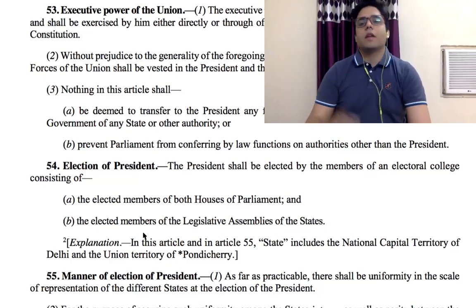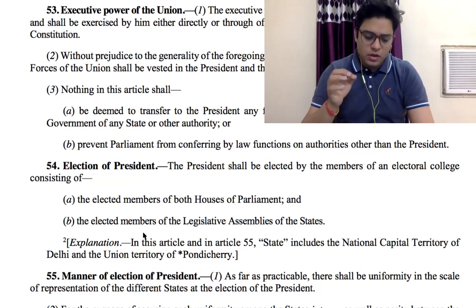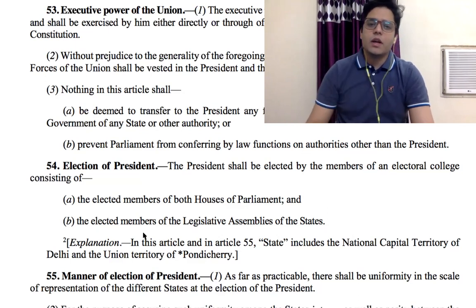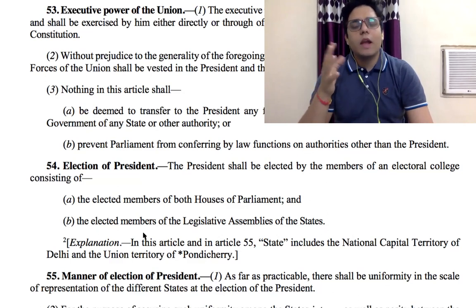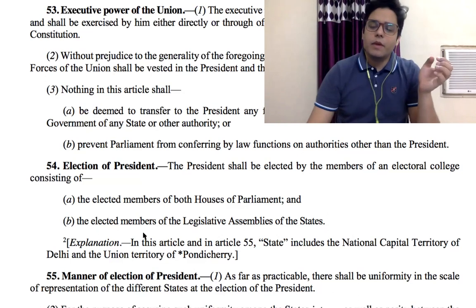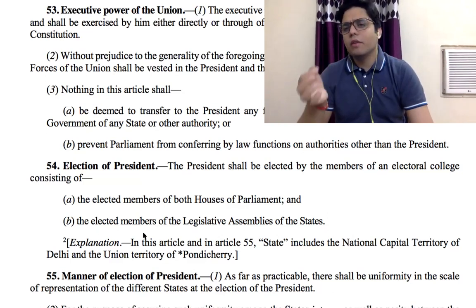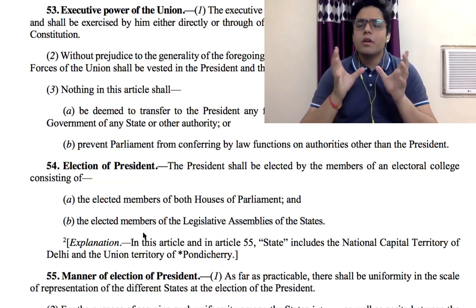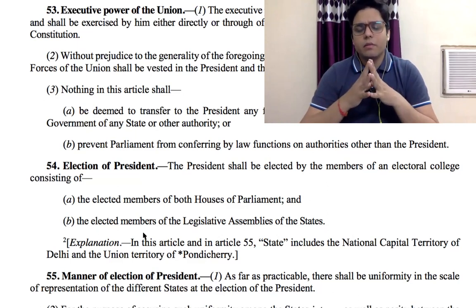For example, if a member of the state legislative assembly of Uttar Pradesh represents say 1 lakh or 10 lakh people, and an MLA of another territory, say Manipur, represents only 50,000 people, the value of the vote will be according to the population that particular member represents.